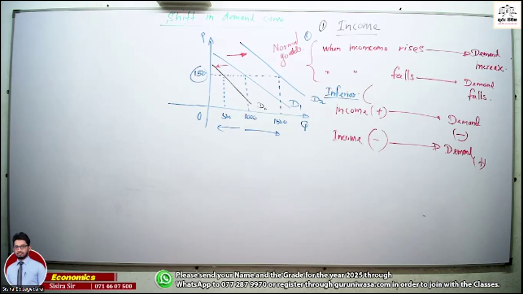But when it comes to inferior products, it is different. When people are getting rich, demand for inferior products decreases. When income is going down, demand for inferior products increases. Clear or not? Yes, sir. Clear. Are you still writing? Sir. Okay.